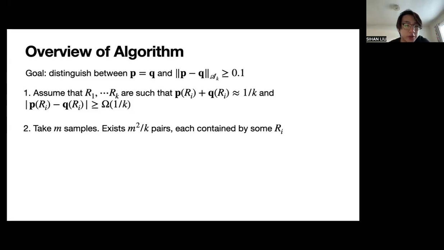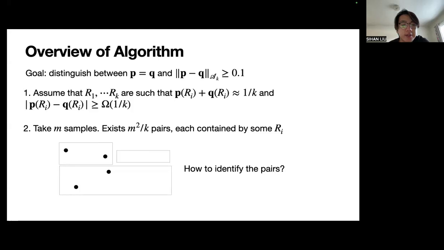Therefore, by the structural result, we know the subrectangles defined by the point pairs contained will help us capture a non-trivial fraction of discrepancy, which is about m squared over k squared times some constant depending on d and epsilon. An issue is that we only know the existence of such subrectangles defined by sample points, but cannot easily identify them, because we do not know the R1 to Rk rectangles a priori.